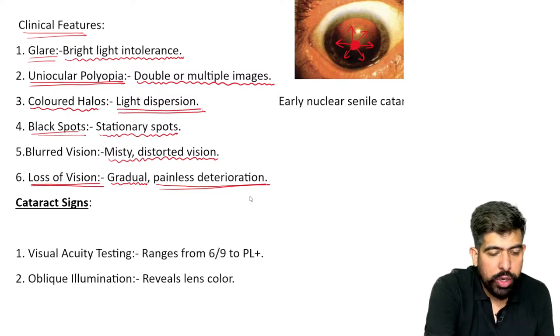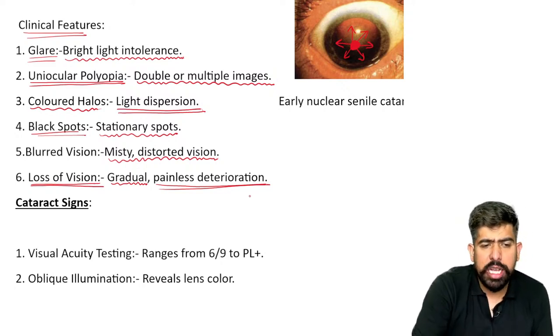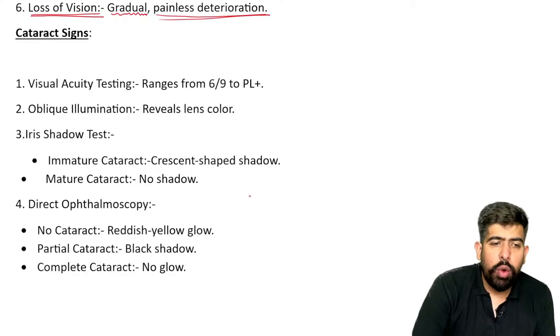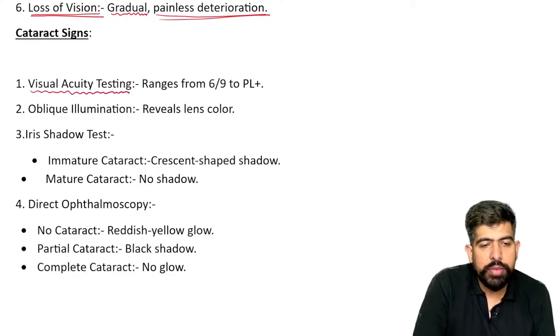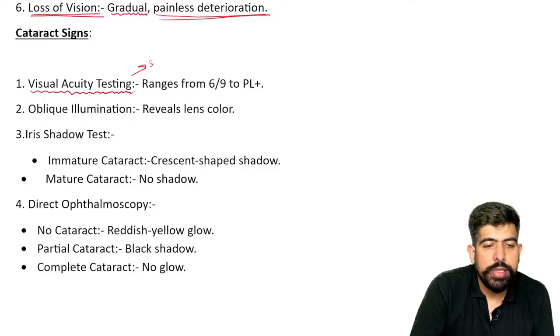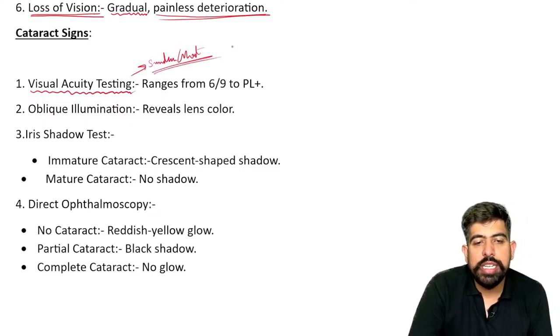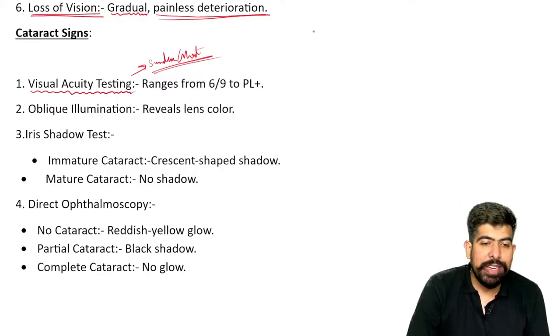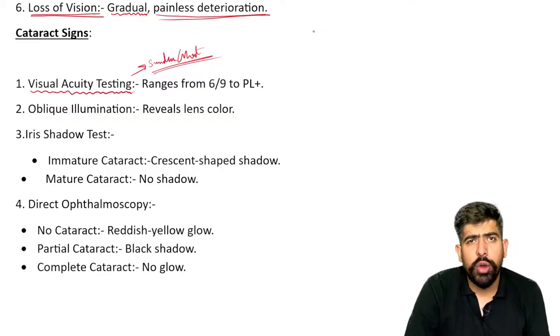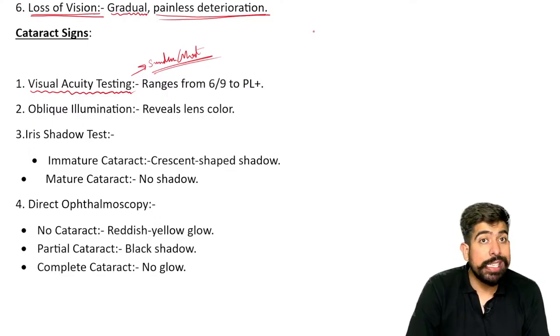Now talking about the next, the cataract signs. What sign will be good to see? If I check the visual acuity test, which we do with the Snellen chart. I hope you know about the Snellen chart. I hope you visited your ophthalmology clinics for specs or a regular eye checkup. You saw a chart which is read from 6 meters.